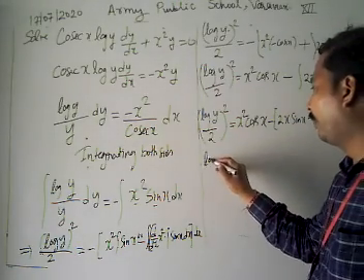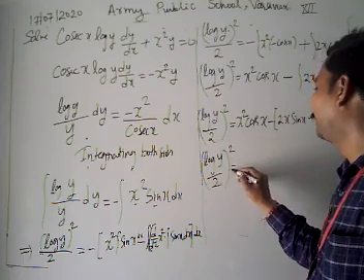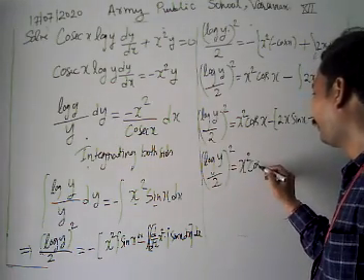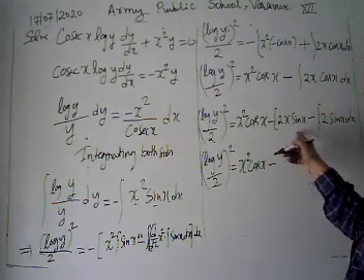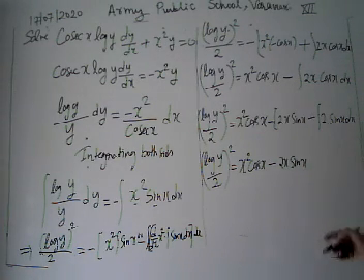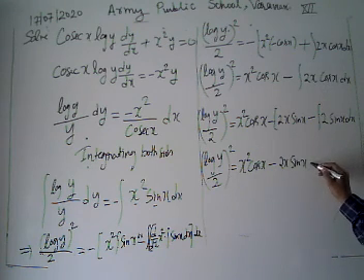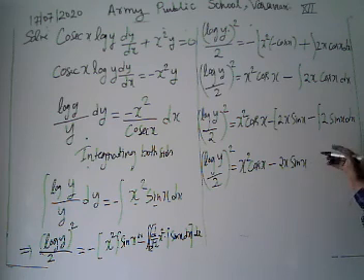Then (log y)^2/2 is equal to x square cos x minus 2x sin x. Again, now the integration of sin x is minus cos x, then we have minus 2 cos x plus c.